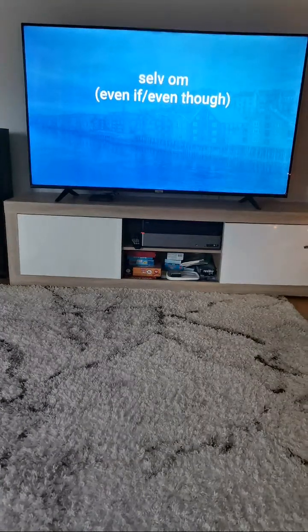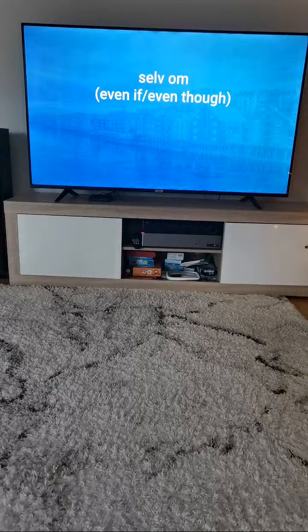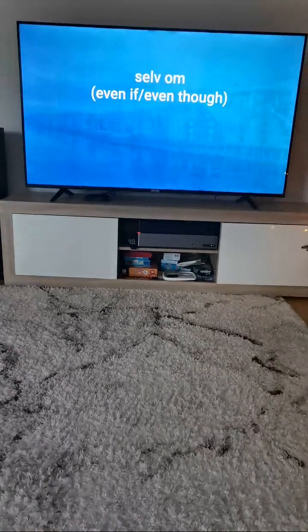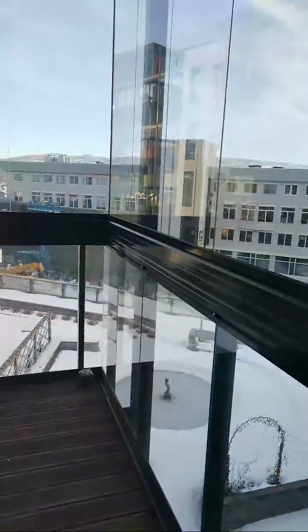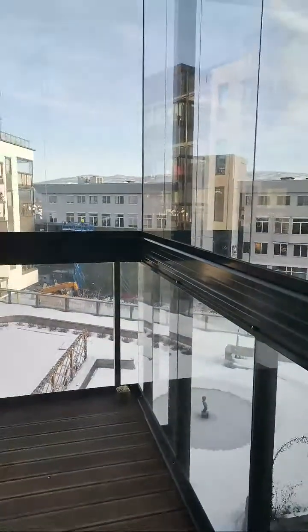And this next one is even if or even though in English, and that is selv om. Selv om. And then almost is nesten. Nesten. Question is et spørsmål. Et spørsmål.